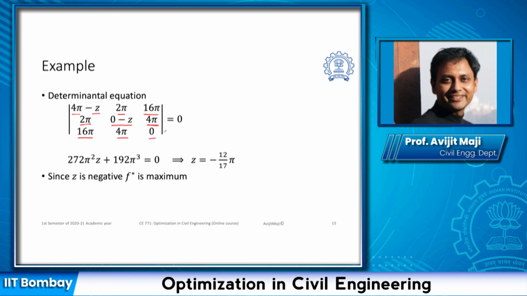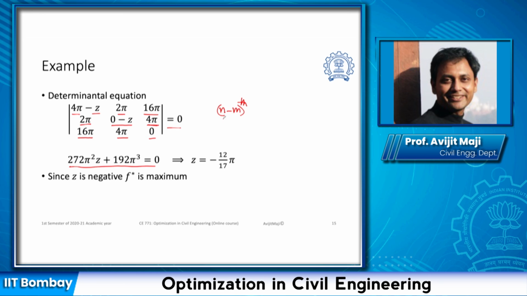This determinantal equation we need to equate to 0, and if we solve, this is what the equation is going to be for z. As I had indicated earlier, z would be a polynomial of order n minus m.